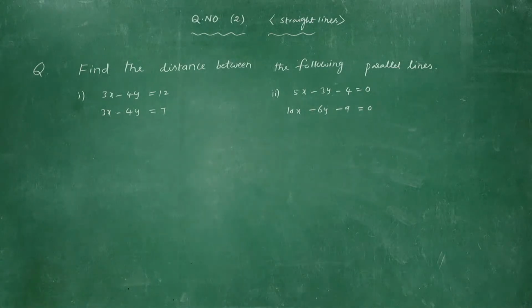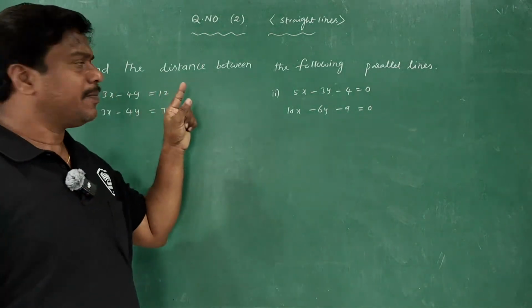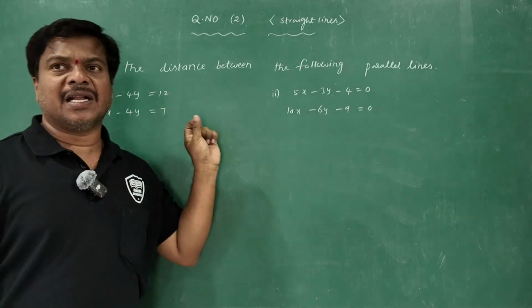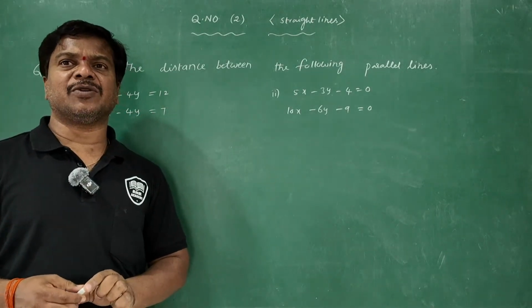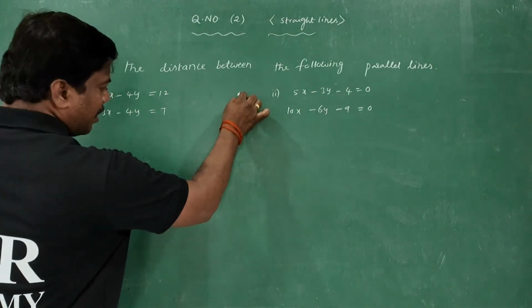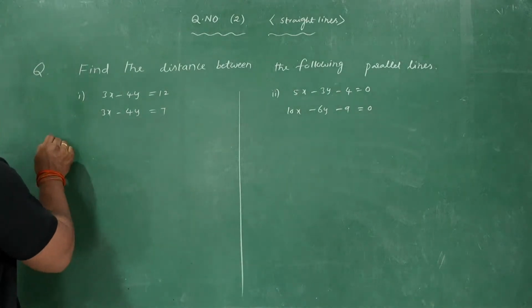Any one of these 2 questions will be asked in the examination. You know the distance between parallel lines formula, modulus of c1 minus c2 by the square root of a square plus b square. So using that I am going to solve this question.